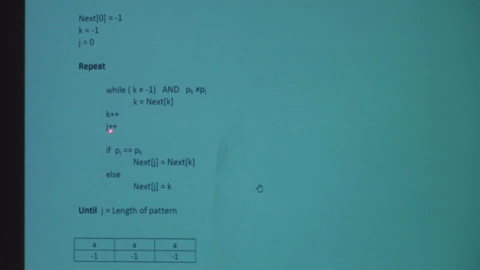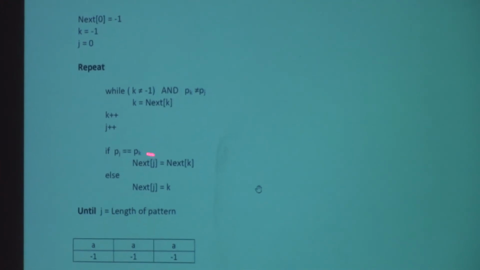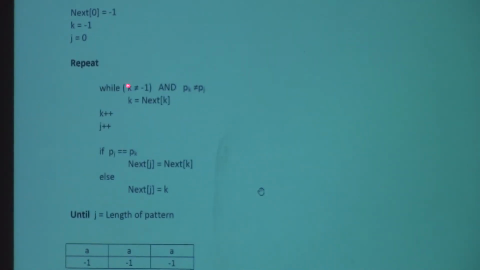J value is 1. So now K value is, let's look at this pattern. In this case, we also assign the same, that's a true condition. The next of J is equal to the next of K. So let's assume this happened on the first iteration. Now, K not equal to -1, is that true or false? That's true.